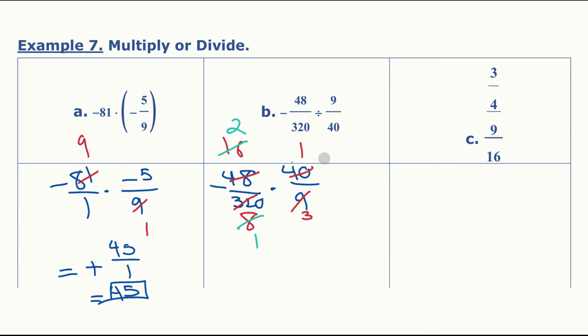All right, it looks like we're out of numbers that we can cross-cancel, and that's it. We go ahead and take care of business now. We notice that we have negative times positive is of course negative, and on the top we only have 2 times 1, which is 2. On the bottom we get 1 times 3, which is 3.